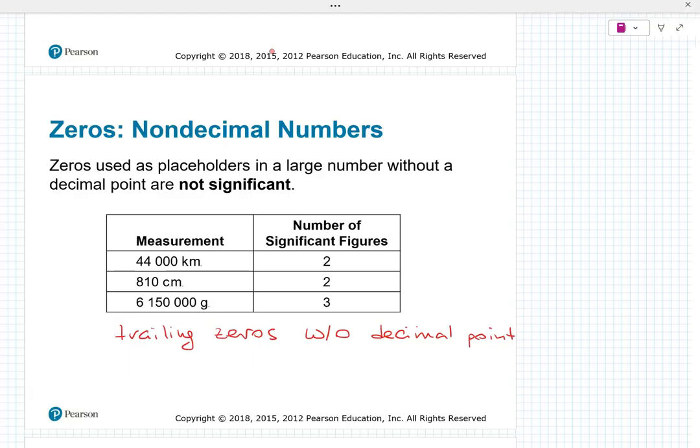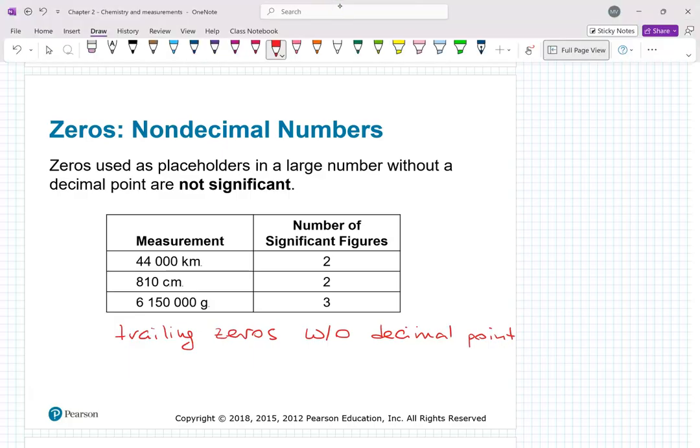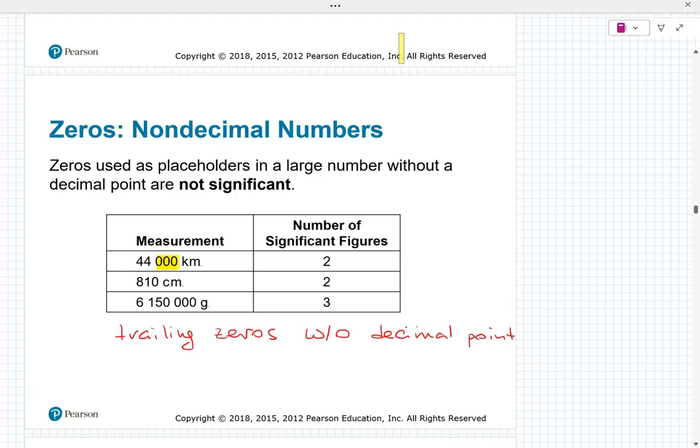They are not significant. So, in this number, these 3 zeros are not significant. This 0 isn't significant. And these zeros aren't significant. Okay? Does that make sense? Yes?